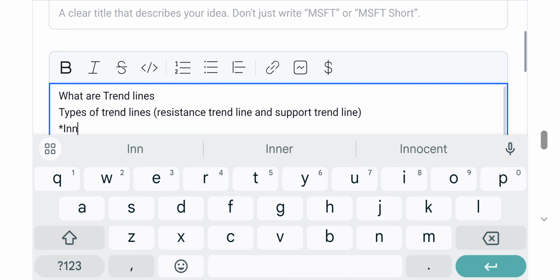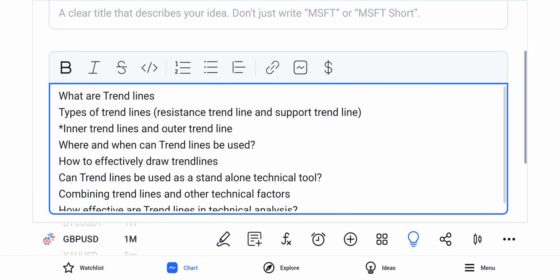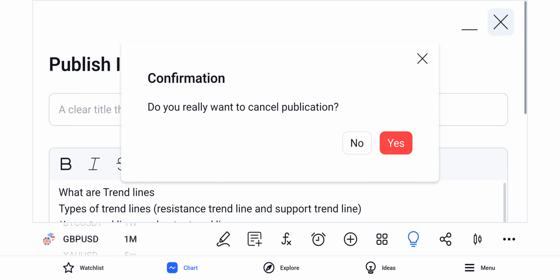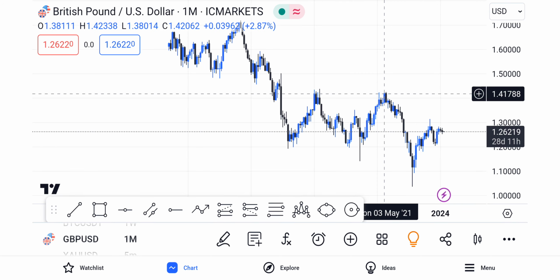So we have inner trend lines and outer trend lines. When we start implementing this on the chart, you are going to see in real life what we are talking about here. So like I was saying, these are the types of trend lines that we have. We have support and resistance trend lines. So let us look at what support and resistance trend lines are all about.